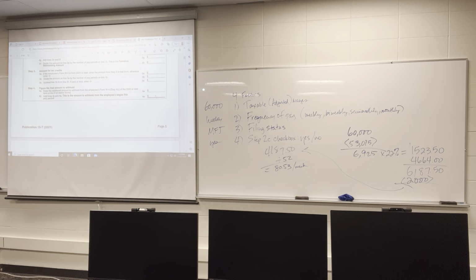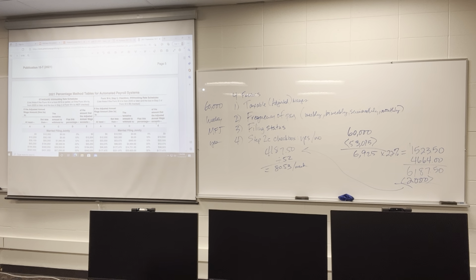Those are the four. If you've got those four pieces of information, and you've got the W-4, you've got to have the W-4 as well, because you've got to know if they have claimed any additional deductions or credits, right? That's what you need in order to calculate that withholding.